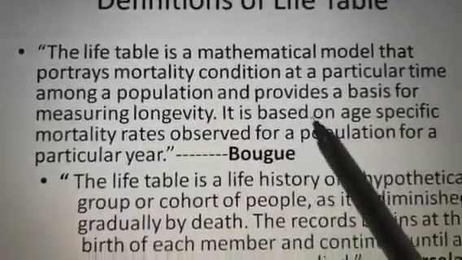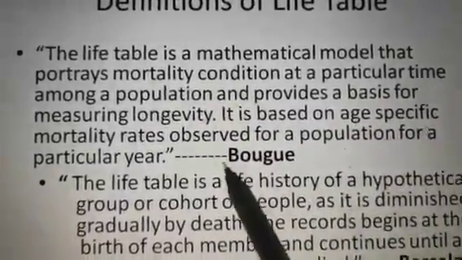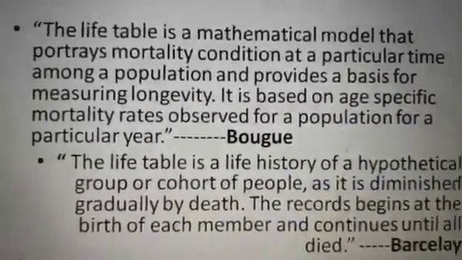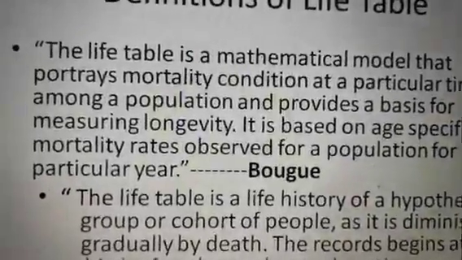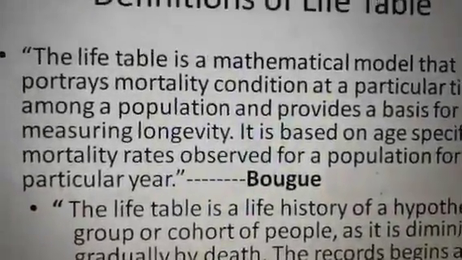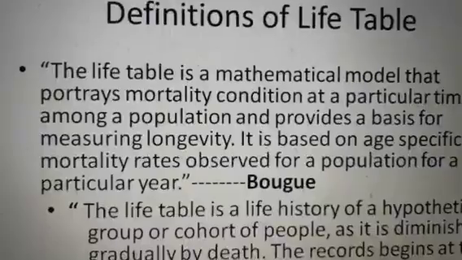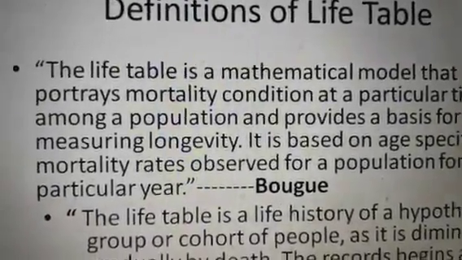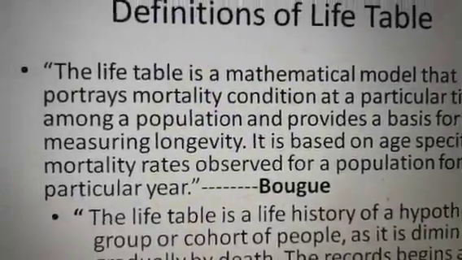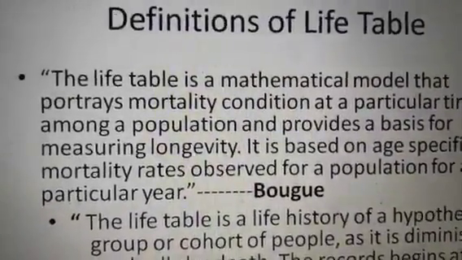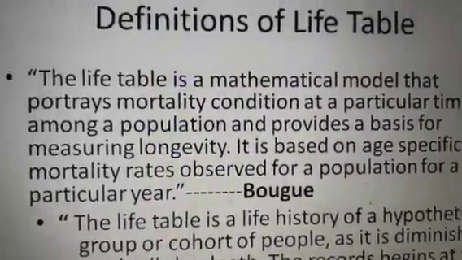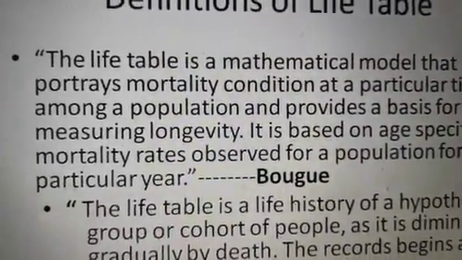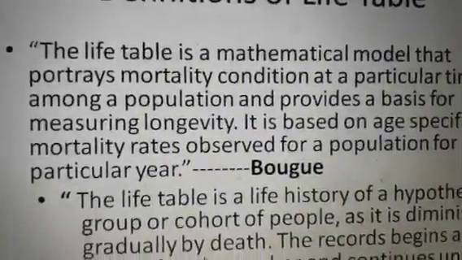So it is based on age-specific mortality rates observed for a population for a particular year. So students, with this Bogue definition, very clearly you can define the life table. And we all know that any definition clearly focuses on the concept and meaning of any particular subject or area. So here Bogue very clearly defined the life table.